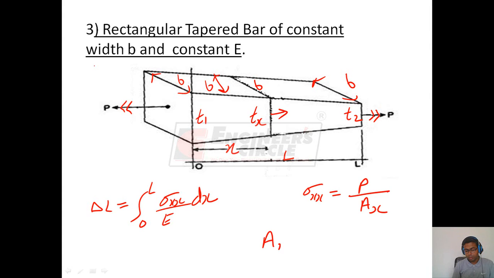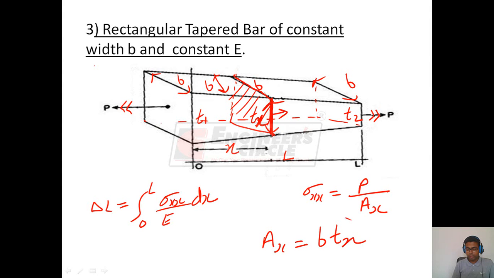Now the area of this cross section Ax, if we join this, we can find the area of this shaded cross section as width B into thickness T. So thickness at any location x is Tx.